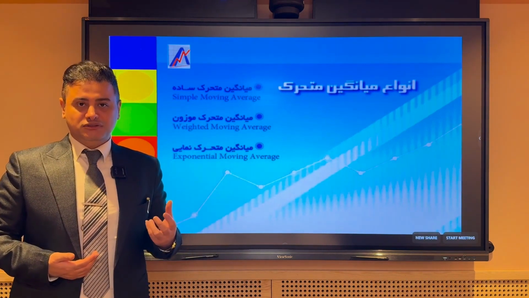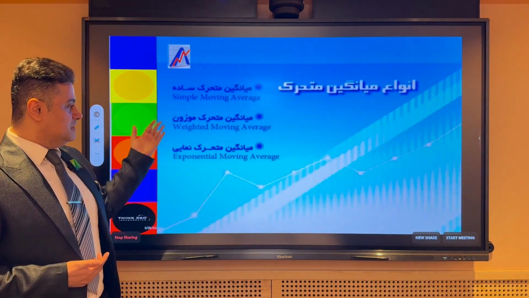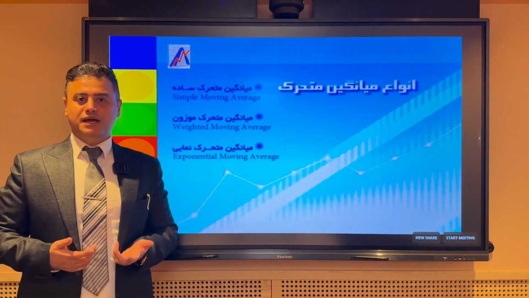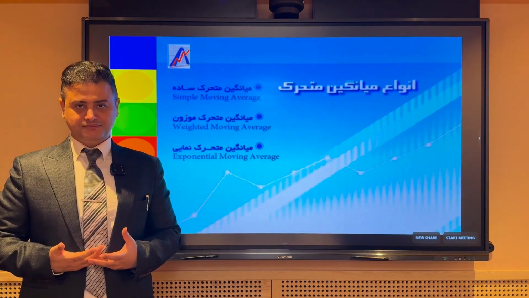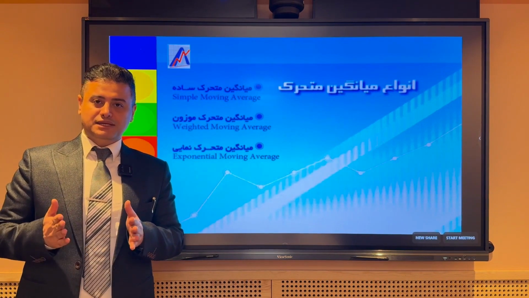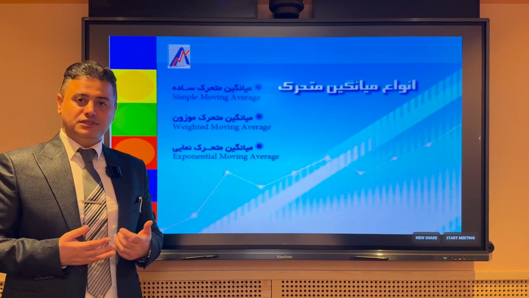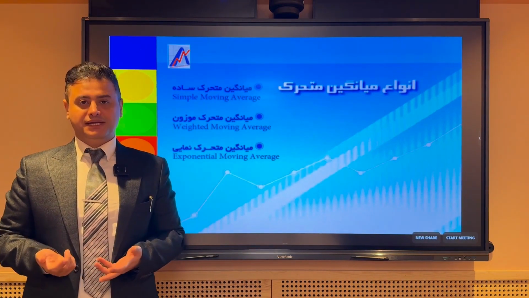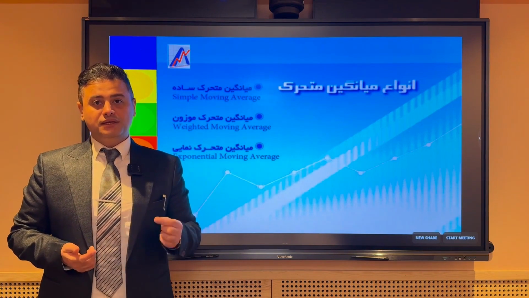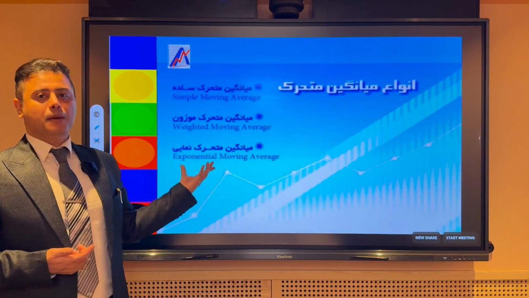Now, in the field of technical analysis, the more we move from a simple moving average to an exponential moving average, the stronger our averaging becomes. And it's the same in the real world. When you want to use moving averages, or the moving average indicator on a stock's price chart, you should also try to use the exponential moving average more.